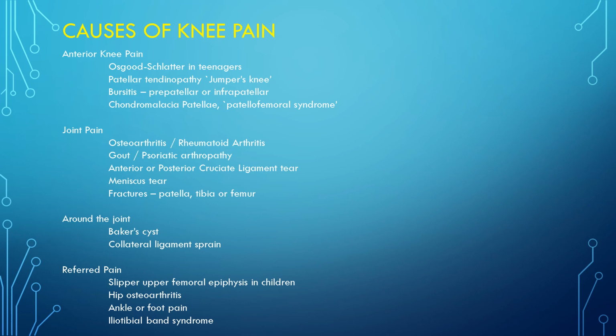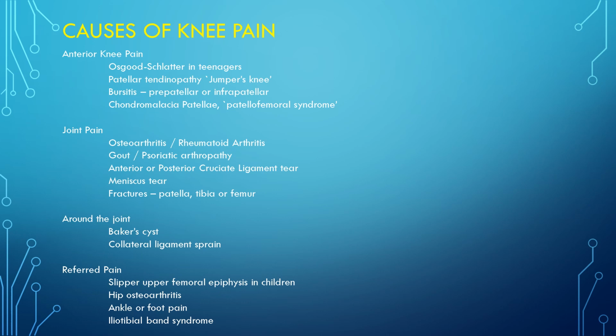Just a reminder of the many different causes of knee pain. It can be divided into anterior knee pain, just mentioned Osgood-Schlatter's disease in teenagers. You can get inflammation or tendinitis of the patellar tendon, often associated with jumpers who maybe use trampolines.